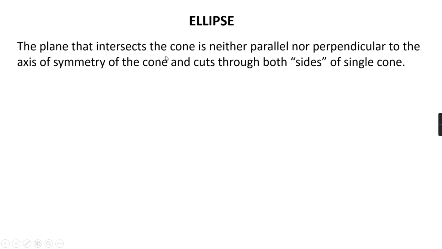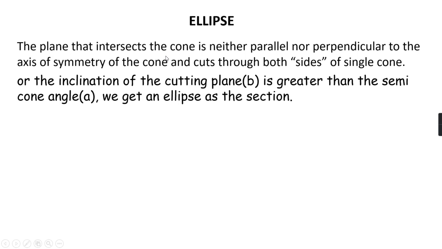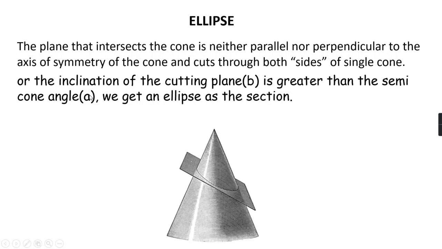So first, starting with the ellipse: the plane that intersects the cone is neither parallel nor perpendicular to the axis of symmetry of the cone and cuts through both sides of the single cone, then we will get the ellipse. Or you can say the inclination of a cutting plane, that is angle B, is greater than the semi-cone angle alpha, meaning half of the apex angle. Then we get an ellipse as a section.